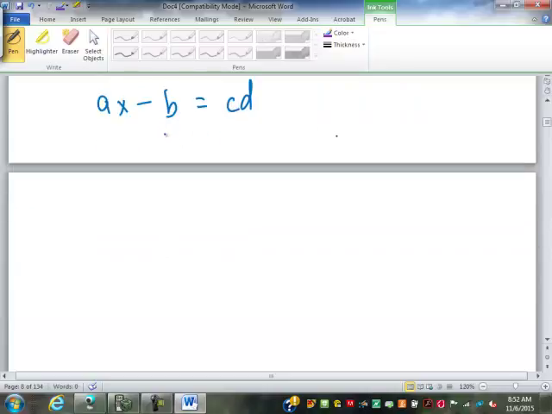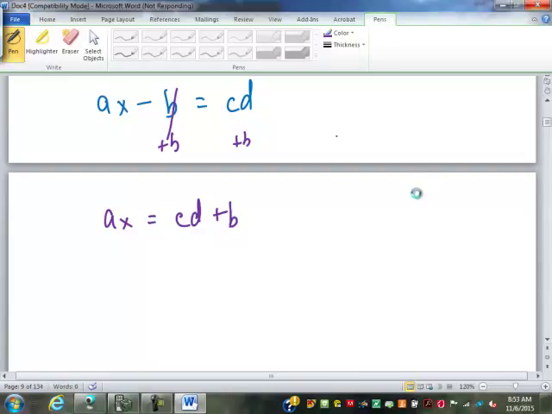Next, add b. So ax equals what's cd plus b? Could be b plus cd. Either one is fine. Usually the alphabetical thing is only if they're multiplying.